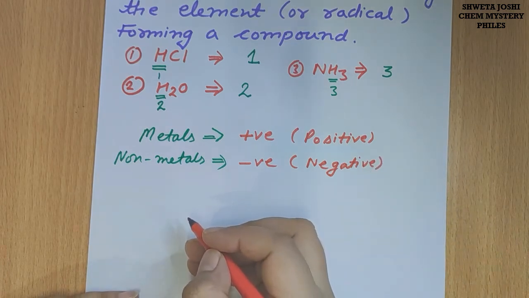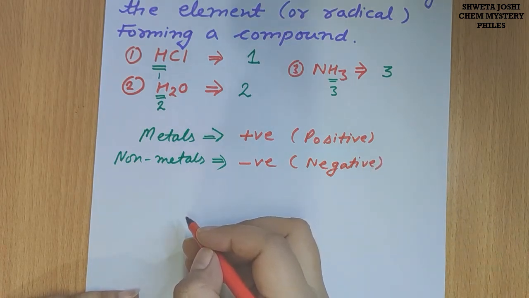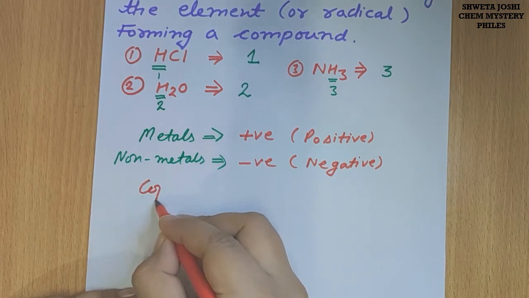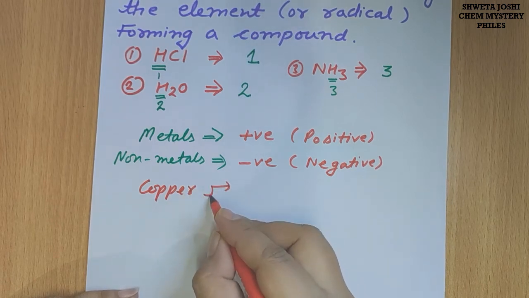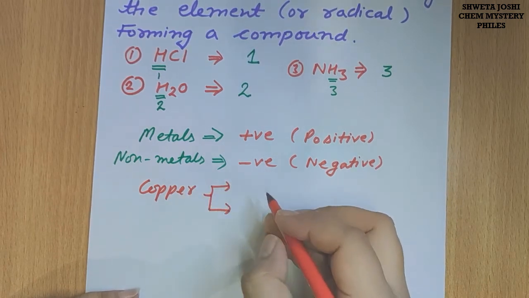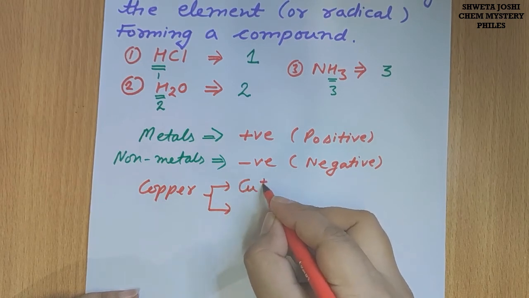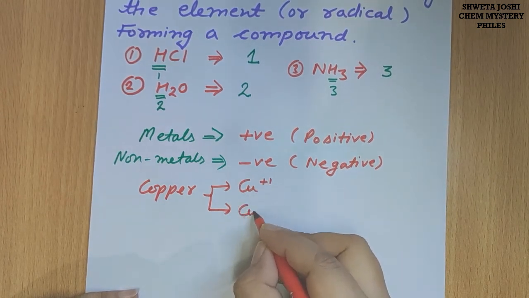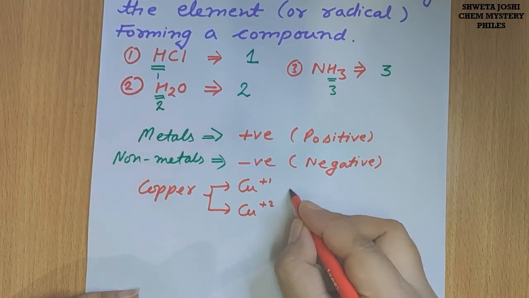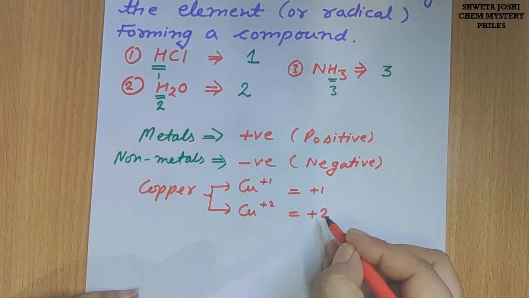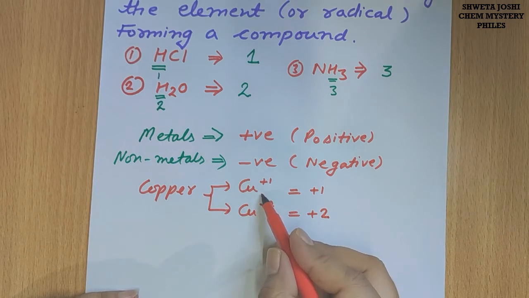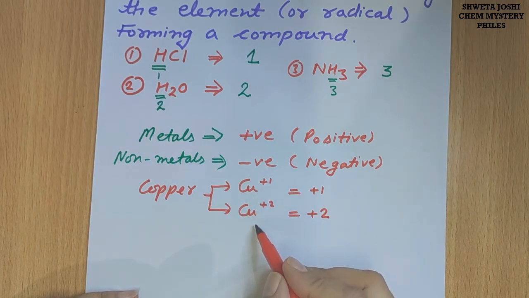Some of the elements also show variable valencies like copper. It shows two valencies, Cu plus 1 and Cu plus 2. Valency plus 1 and plus 2. This is cuprous and this is cupric ion.